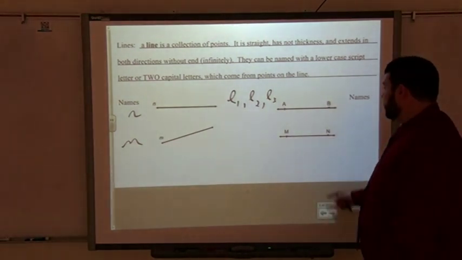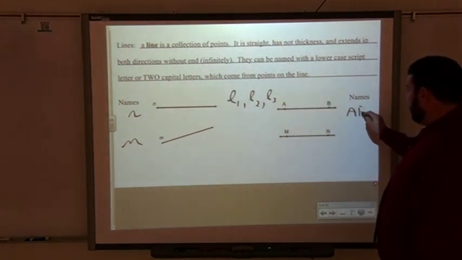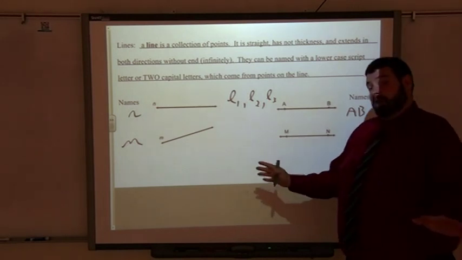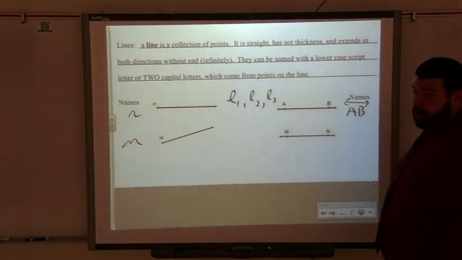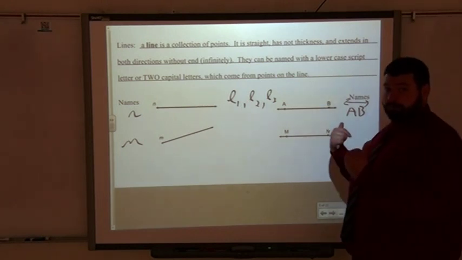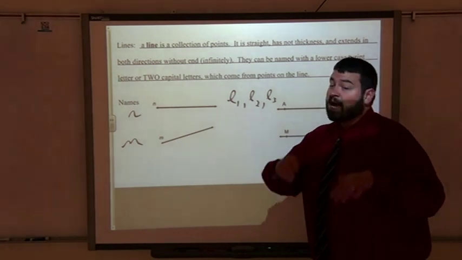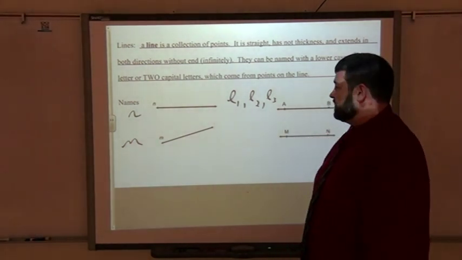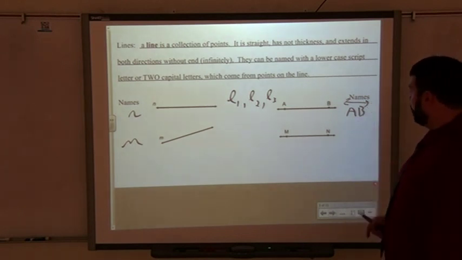That's the easy one. Here, we need to name it with AB. However, we can't just leave it alone with AB. We need to put the line on top of it. And we do need to put arrows on both sides, because that tells geometry nerds like me, and like you folks will be very, very soon, that it is a line and that it's continuing forever in both directions.